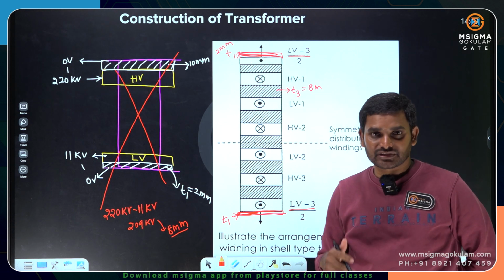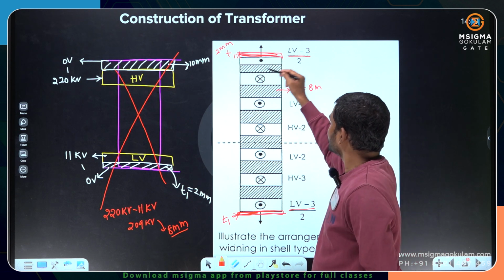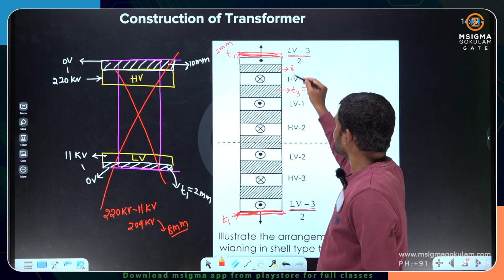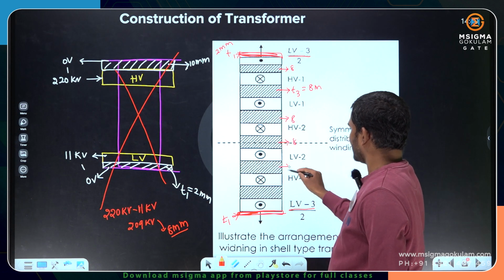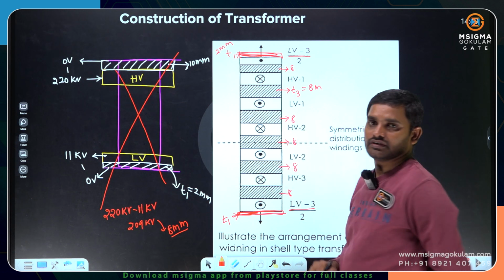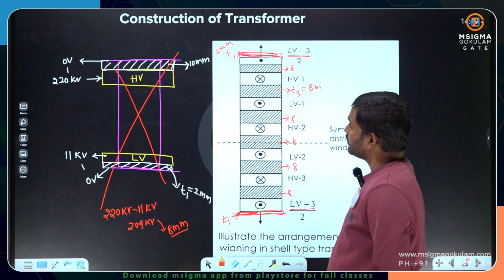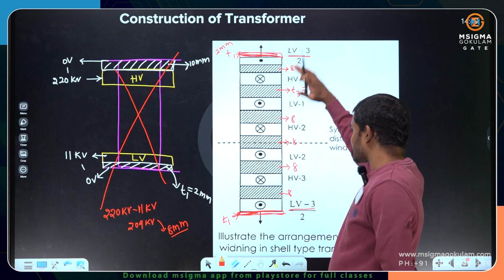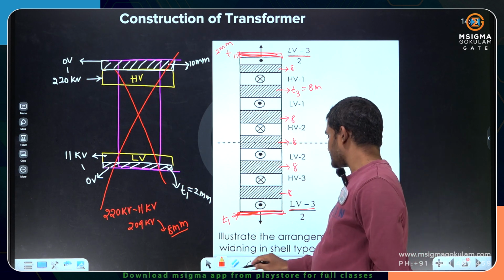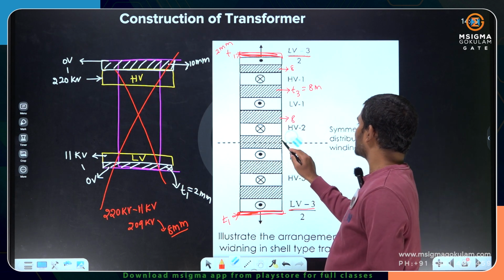It's a 10 mm combination only: 2, 8, 8, 8, 8, 8 and 2. But if you place high voltage winding near to the core, you would get 10. So the thickness of insulation requirement would have increased.